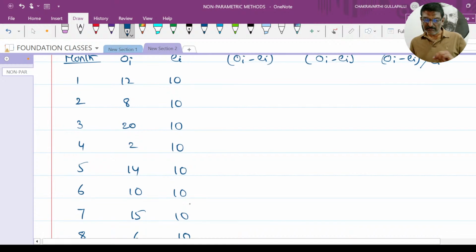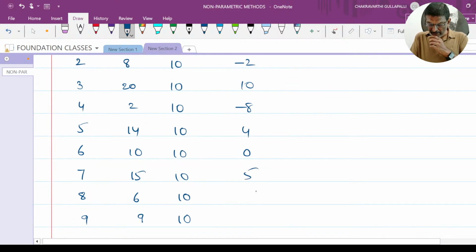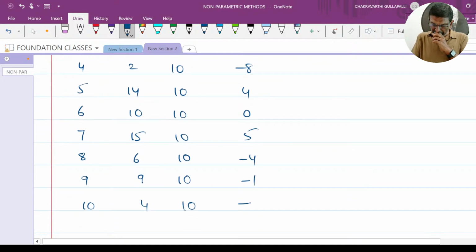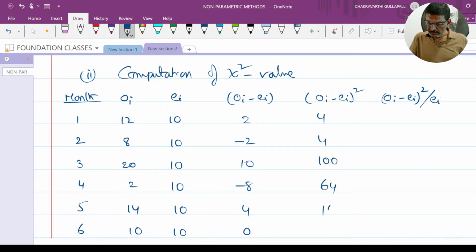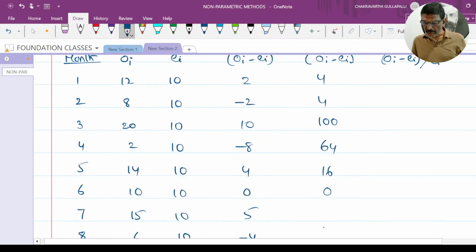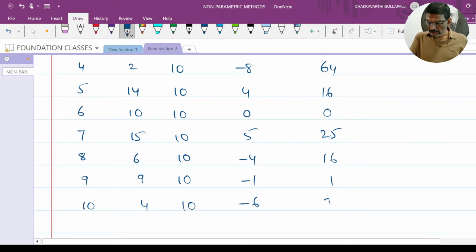Now, calculate Oi minus Ei: 2, minus 2, 10, minus 8, 4, 0, 5, minus 4, minus 1, finally minus 6. Now the squares of these values: 4, 4, 100, 64, 16, 0, 25, 16, 1, 36.